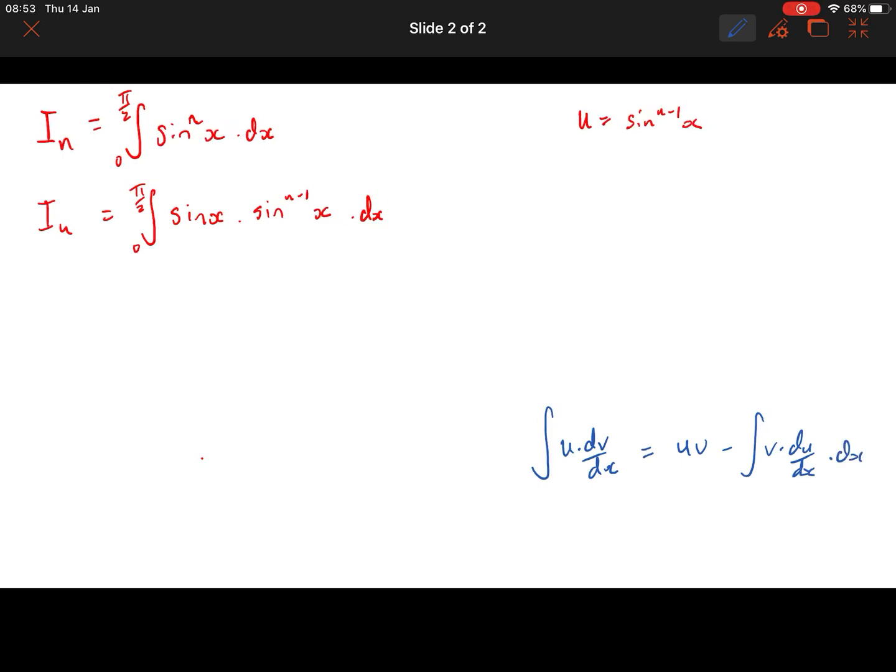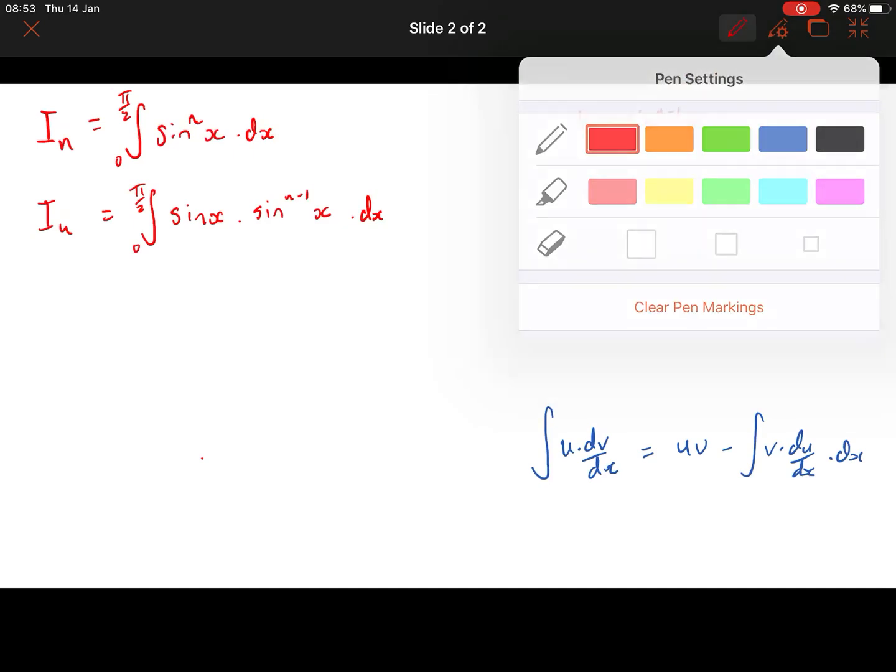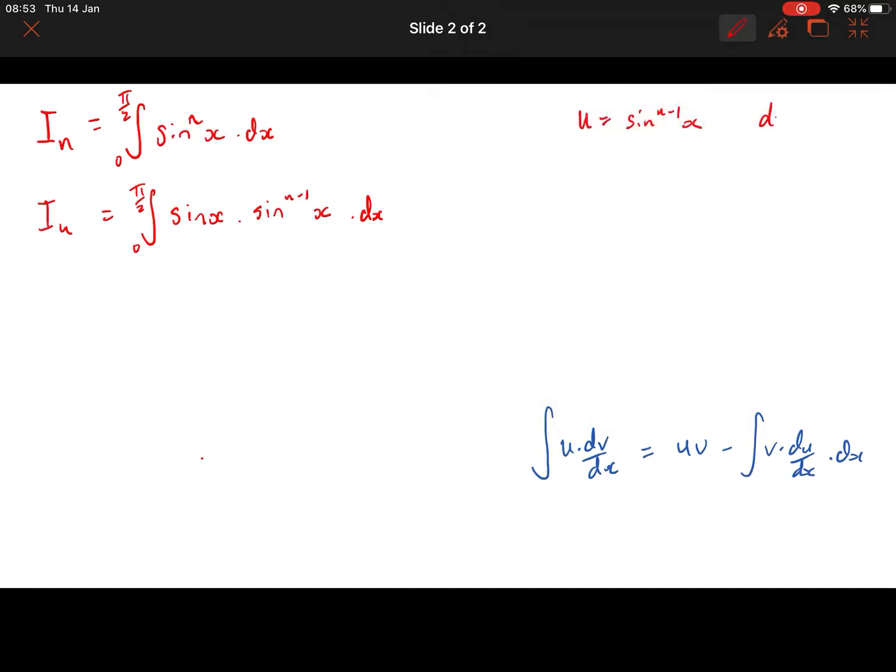We need to make a selection of u and dv dx, so we pick dv dx as the one that we can actually integrate, which is sine x. So dv dx is sine x, and that means that v is equal to negative cosine of x.